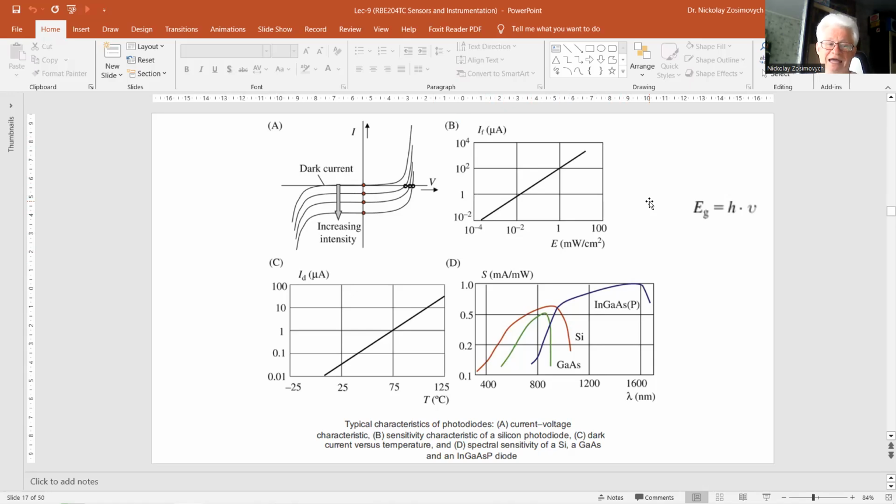Current readout is easily accomplished using an operational amplifier in a current-to-voltage converter arrangement. Usually a reverse voltage is applied to ensure the diode always operates in the flat part of the characteristics, as you can see in figure A.